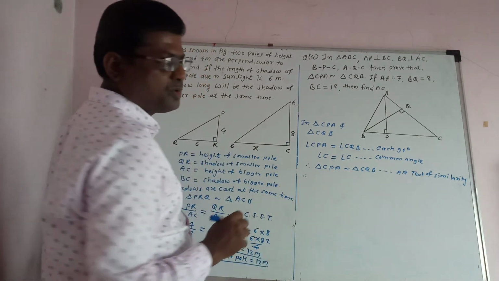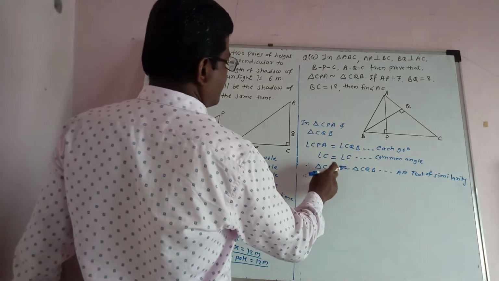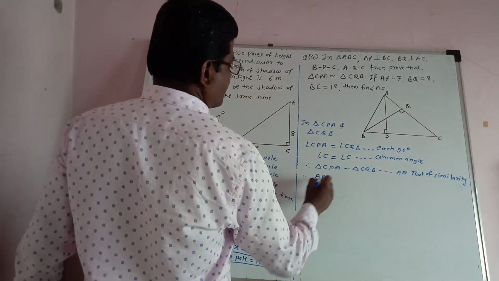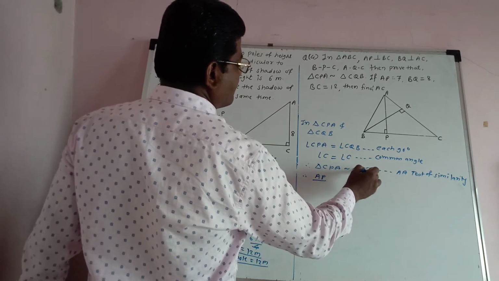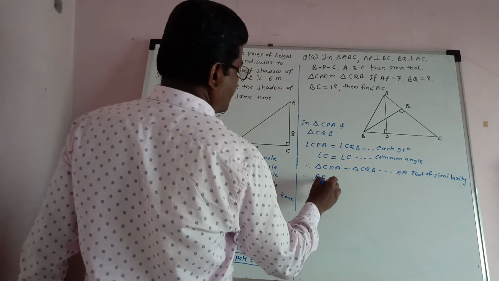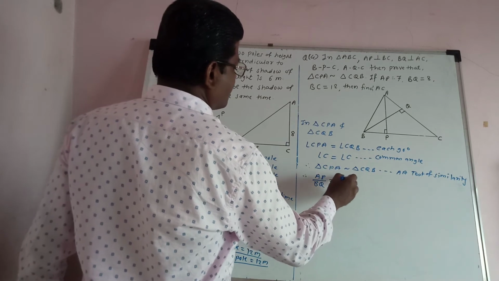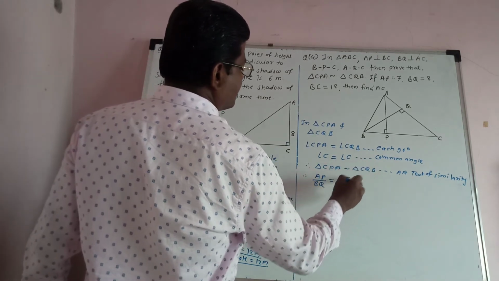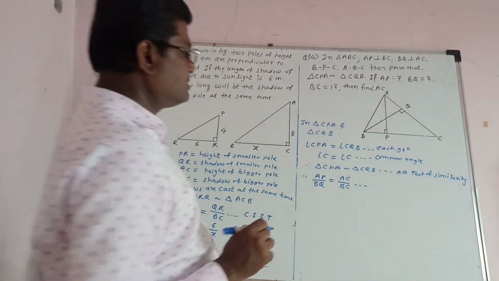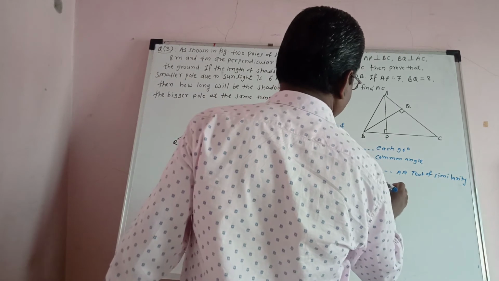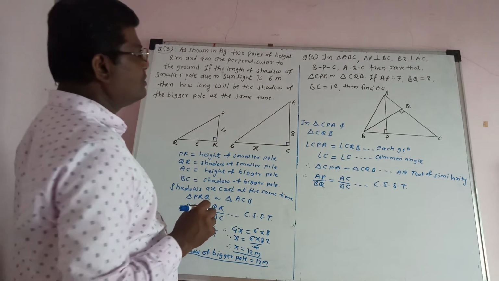Now take the ratio of corresponding sides of these two triangles. We take AP and its corresponding side BQ. AP upon BQ is equal to AC upon BC. This is CSST, corresponding sides of similar triangles. Put the values.